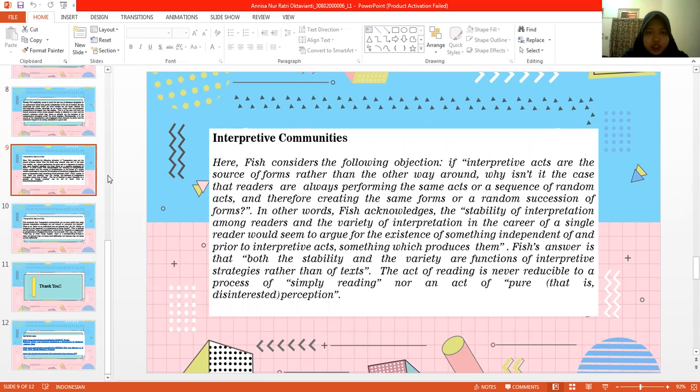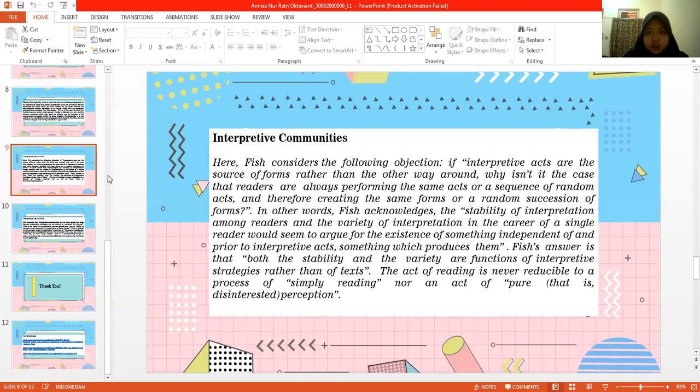Interpretive community. Here, Fish considers the following objection. If interpretive acts are the source of forms rather than the other way around, why isn't the case that readers are always performing the same acts or a sequence of random acts, and therefore creating the same form or a random succession of forms?